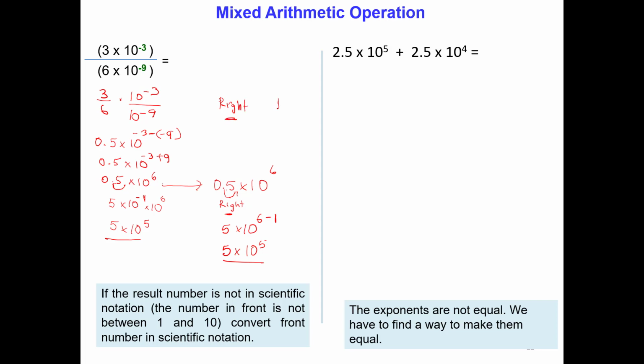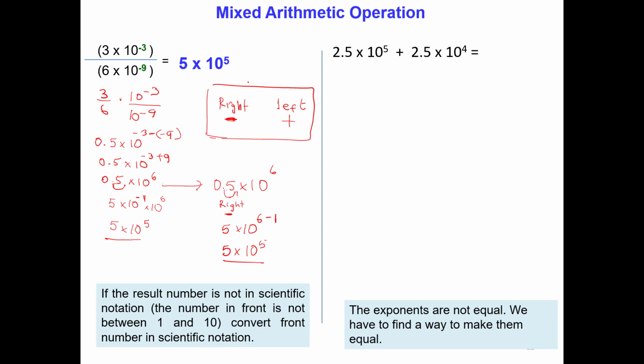If you move to the left, you need to add. The number you need to add depends on how many places you move the decimal point. Then you can solve the problem either this way or this way. I know the students prefer this way. And the answer in this case will be 5 times 10 to the power 5.